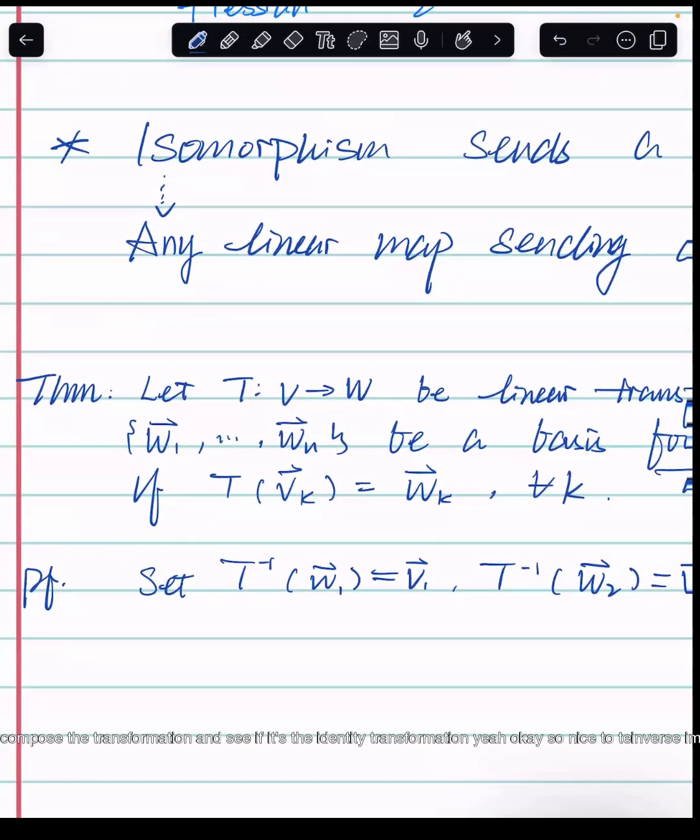Again, an isomorphism is invertible, and for invertibility we just need to compose the transformations and see if it's the identity transformation. So let's do T inverse composed with T first.